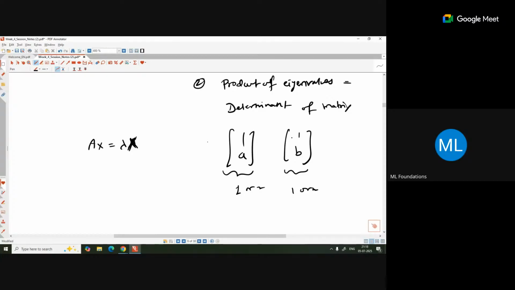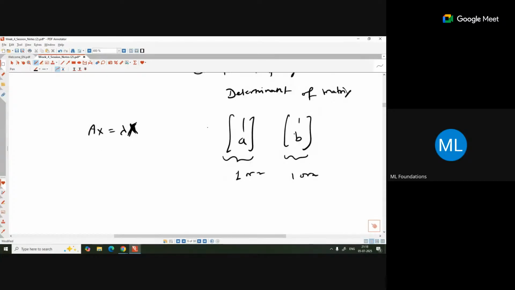So let's say I assume that (1, a) is the eigenvector corresponding to the eigenvalue 1, and (1, b) is the eigenvector corresponding to eigenvalue 2. It does not affect anything, because both of them have the first element as 1. So the matrix [1 2; 0 2] times (1, a) equals 1 times (1, a).